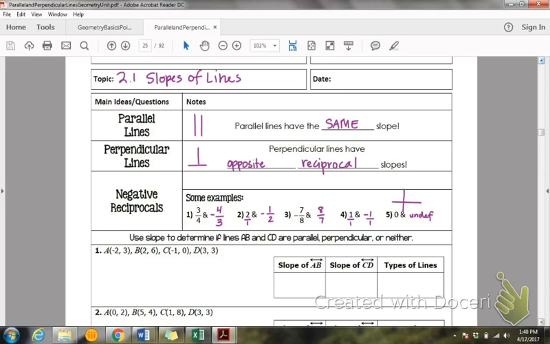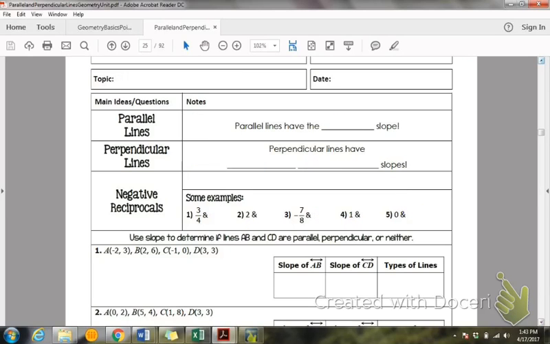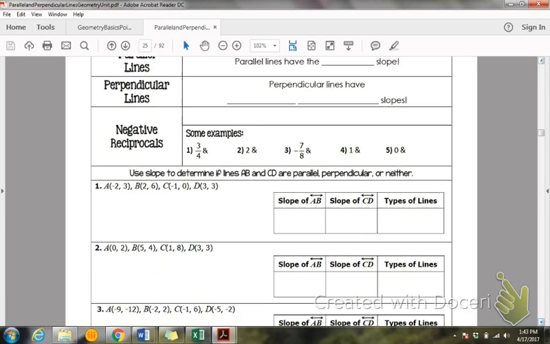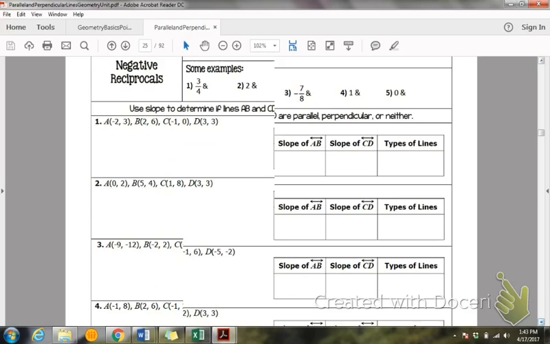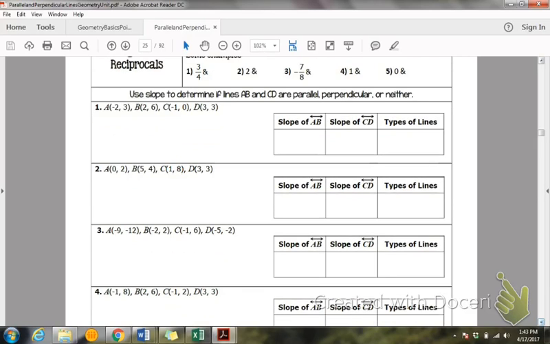Okay, it says in example 1, use the slope to determine if the lines AB and CD are parallel, perpendicular, or neither. So we need to find both slopes. We're going to make sure that we label our paper correctly and obviously so that we can see what's going on. So let's go ahead and find the slope of AB. We're going to use little m, AB. Some of you are going to need to write small.